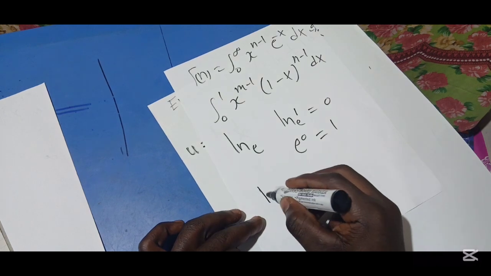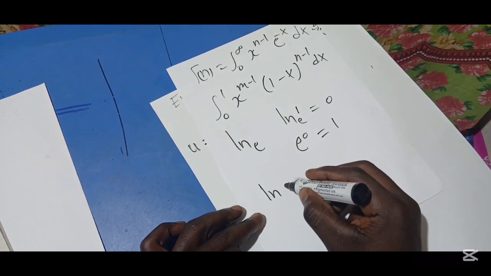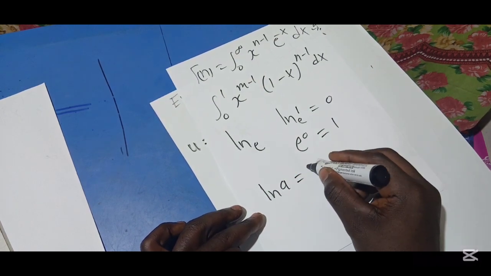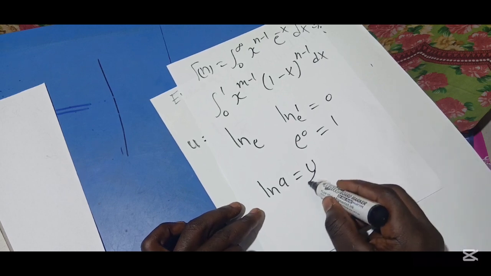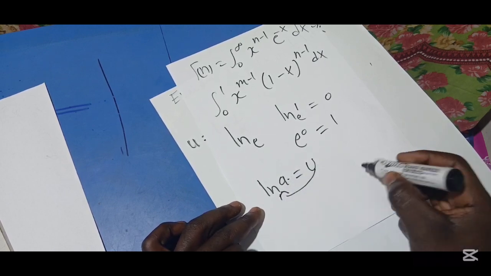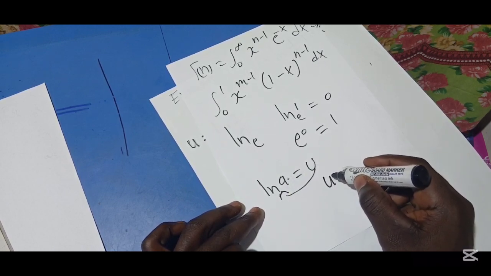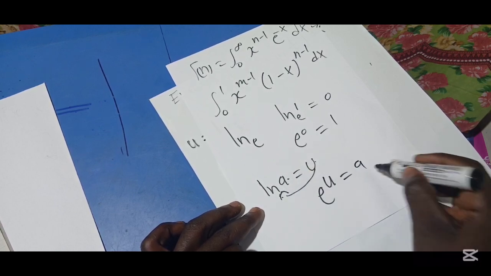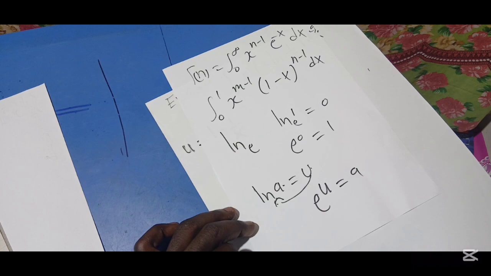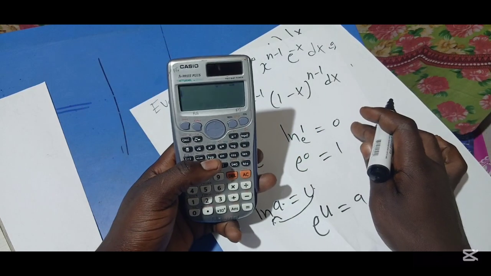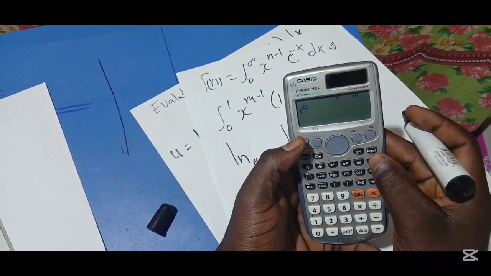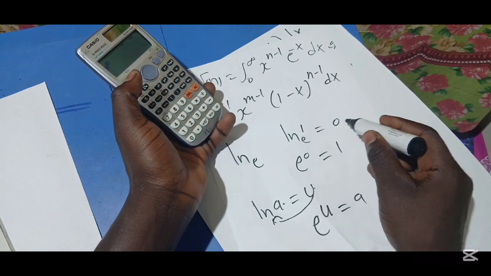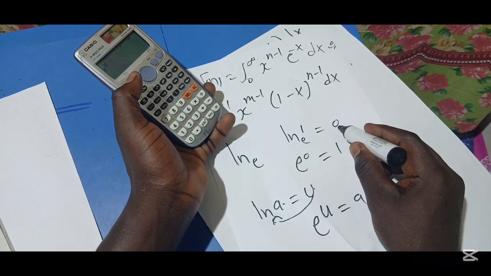Generally, if you are given ln a equals u, then e to the power u gives you a. You can confirm that by using your calculator. ln 1 is 0, so let me punch e to the power ln 1, which is e to the power 0, and that gives me 1.